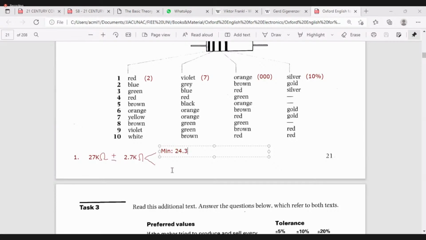Kiloohms. No, we have to copy only. Let's do the copy. And that is the minimum. So what is the maximum? The maximum is 29.7.